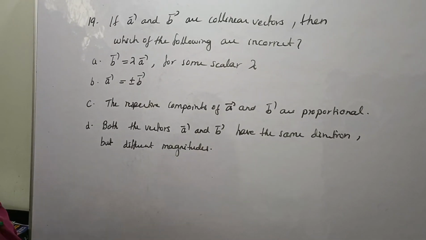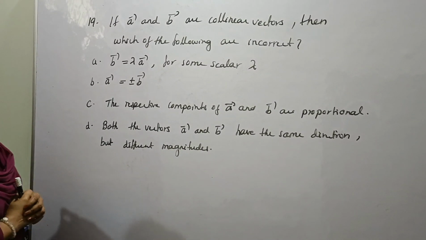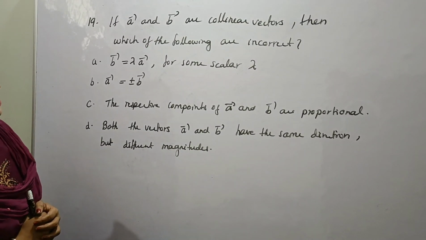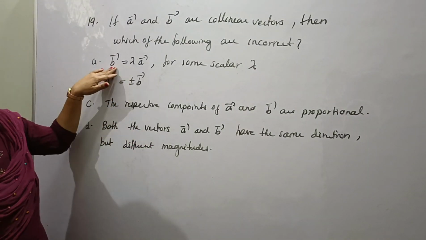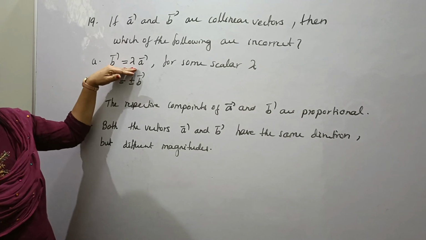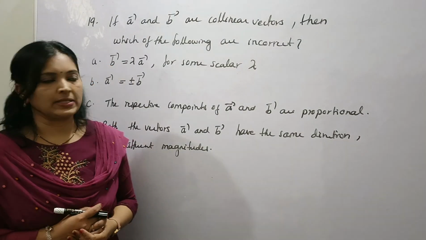If vector A and vector B are collinear vectors, then which of the following are incorrect? Vector B is equal to lambda vector A for some scalar lambda. It's true, right? Vector B is a scalar multiple of vector A, so vector A and vector B are collinear vectors.